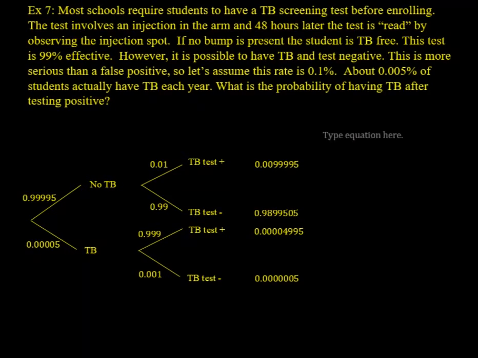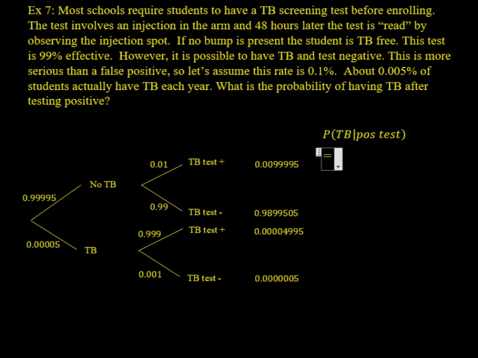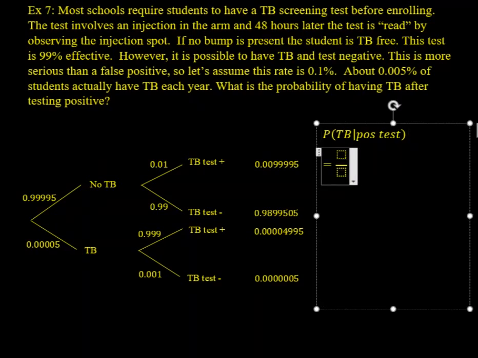Now we're ready to write our conclusion. So the probability that, given a positive test, somebody has TB will equal the probability of TB and a positive test, TB intersection positive test, over the probability of a positive test. Now in this case, a positive test is no TB and a positive test, or TB and a positive test.